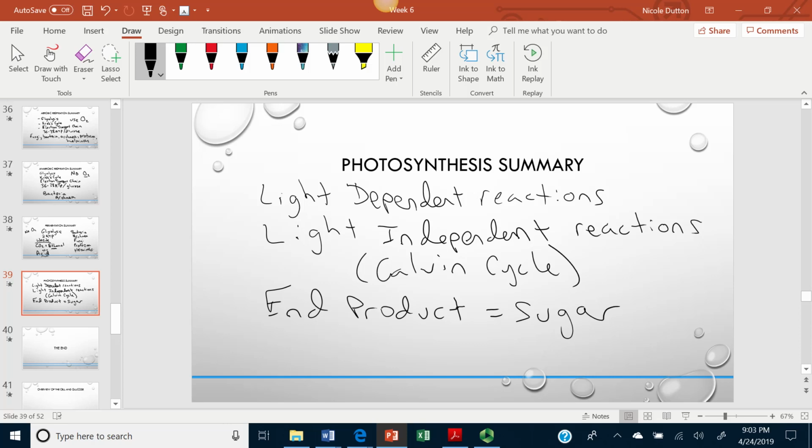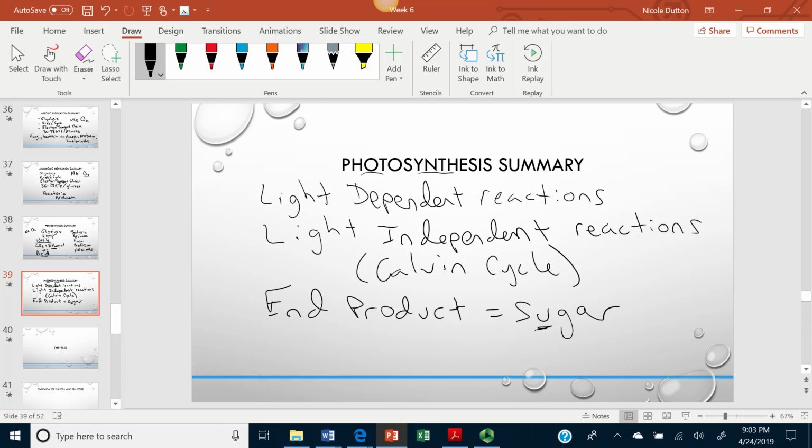So photosynthesis is not producing energy from the sun, it's producing a sugar from the sun. Photo, using light, synthesis, you're making something. What are you making? You're making a sugar. So it's the production of a sugar or of a food source from or using the energy from the sunlight.